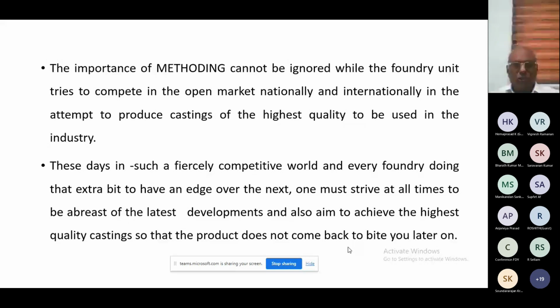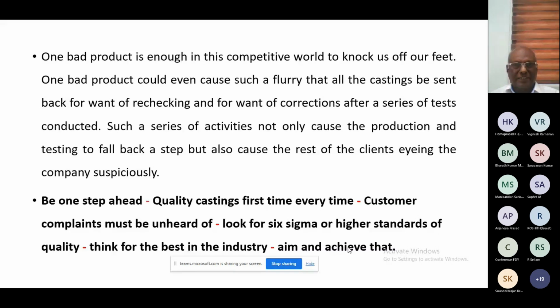In the attempt to produce castings of the highest quality to be used in the industry, in these days of a fiercely competitive world, with every foundry doing that extra bit to have an edge over the next, one must strive at all times to be abreast of the latest developments and also aim to achieve the highest quality castings so that the product does not come back to bite you later on. One bad product is enough in this competitive world to knock us off our feet.